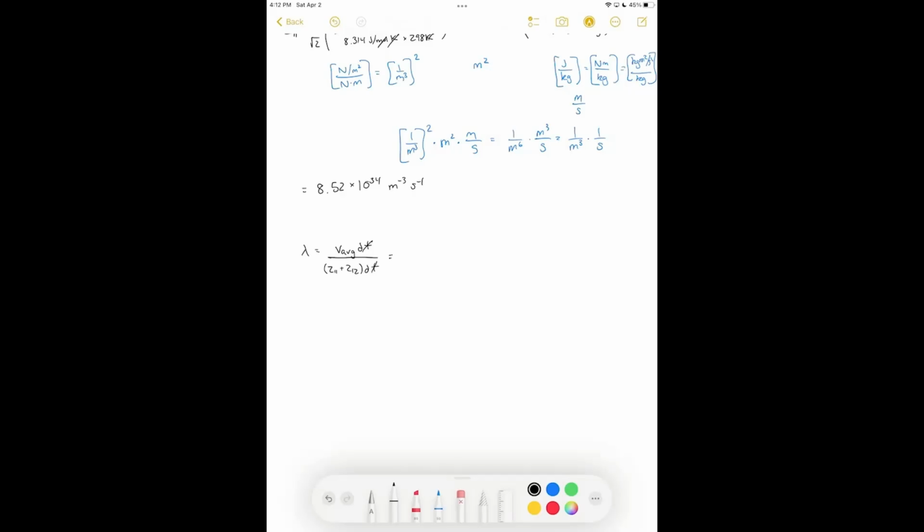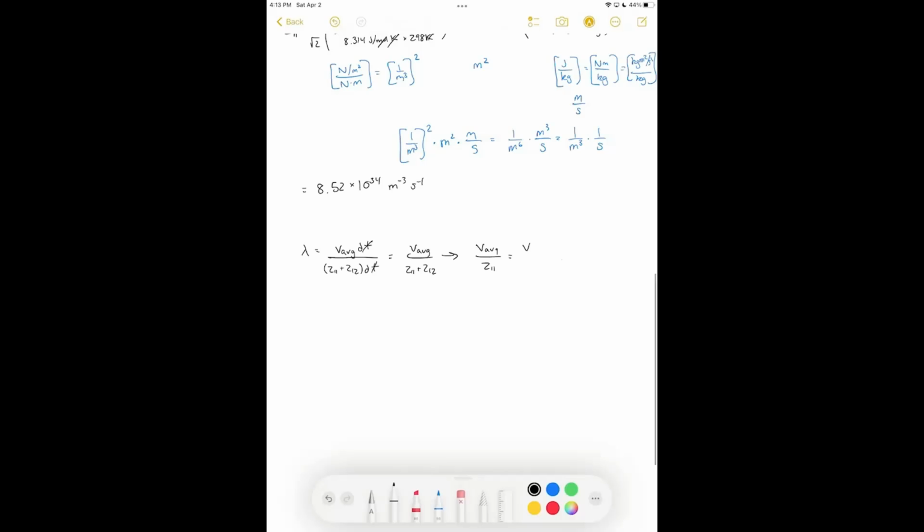The dt's cancel here, and the mean free path is simply the average velocity times the sum of the collisions that our particle will make. To make things simpler, if we only have one type of particle, we can simplify this down to the average velocity divided by the only collisions that are possible, and that is Z11.